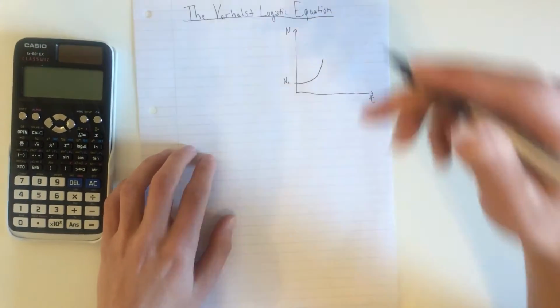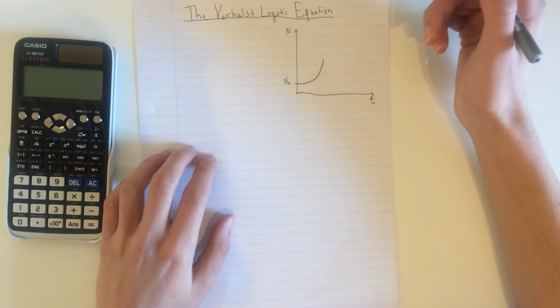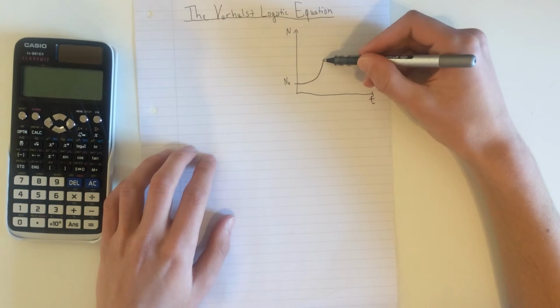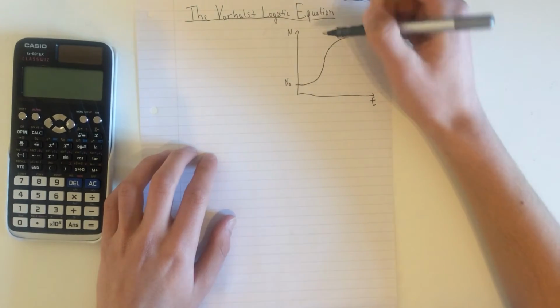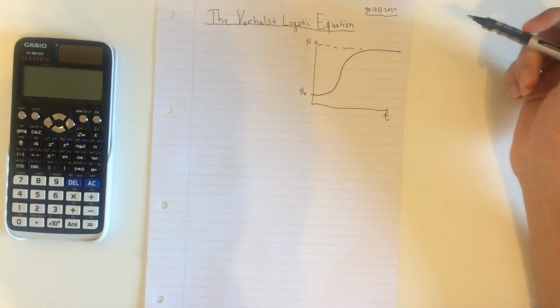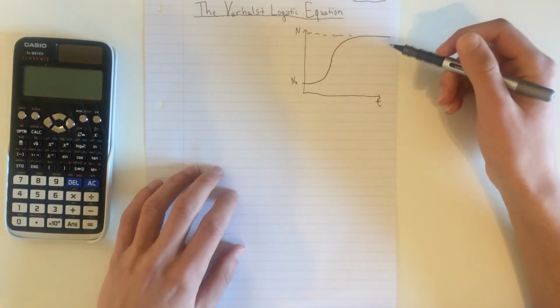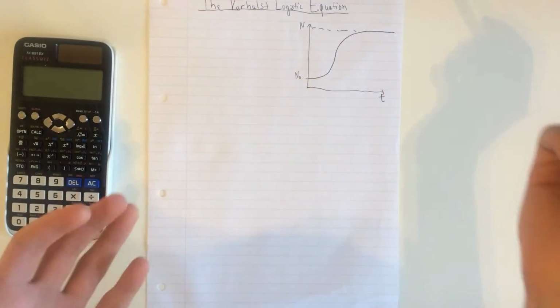But then, as there's a constraint in the amount of space available, or food, or whatever that is, it starts decreasing again, leaving us with this plateauing shape, like an S shape. It doesn't have to be symmetrical, I just didn't plan this correctly, but it's generally a sigmoid kind of S shape.